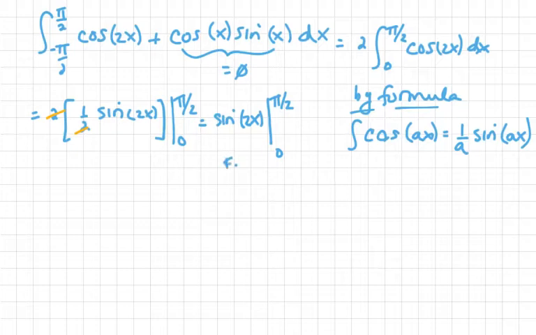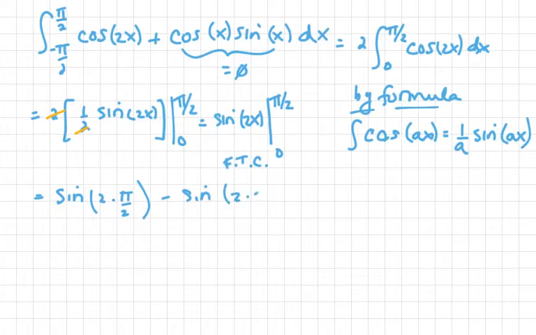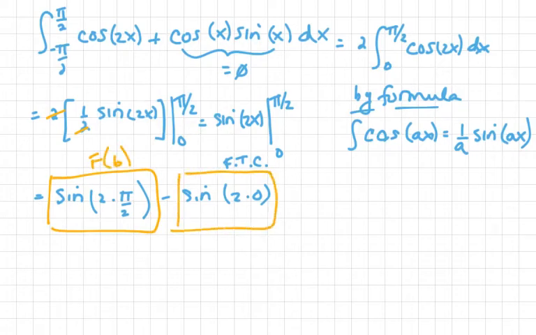That's the fundamental theorem of calculus. So this is equal to sine of 2 times pi over 2, because that's what your x is, minus sine of 2 times 0. Remember, that's your f of b minus your f of a.